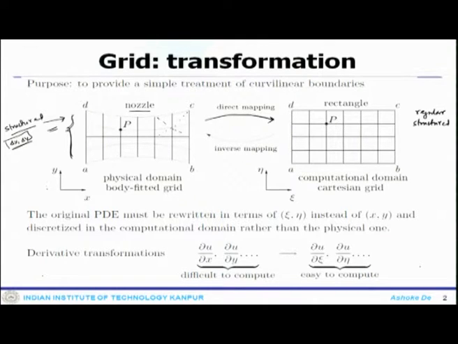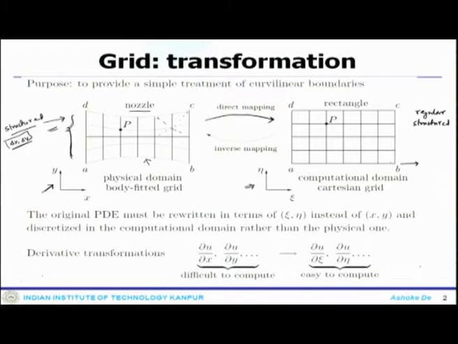Now, from my xy reference frame, I have moved to the xi eta reference frame. Importantly, if you look at this plane AB, this is a curved plane, and this curved plane has now been mapped to a regular rectangular plane.